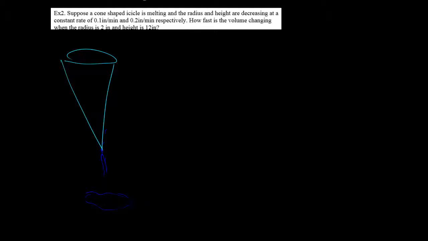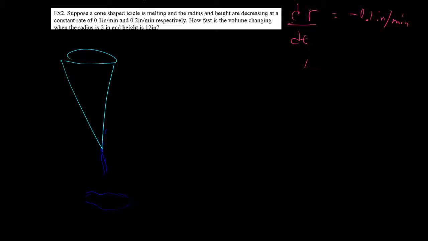And the radius and height are decreasing at a constant rate of 0.1 inch per second and 0.2 inch per second, respectively. How fast is the volume changing when the radius is these two things? So here we are. We have a radius decreasing at a rate. So we know it's going to be our rate. Our radius is decreasing at, so if you think of decreasing, it's going to be a negative rate, so negative 0.1 inches per minute.